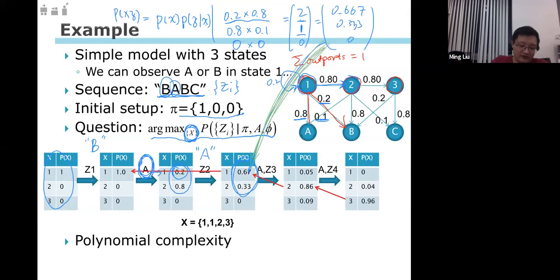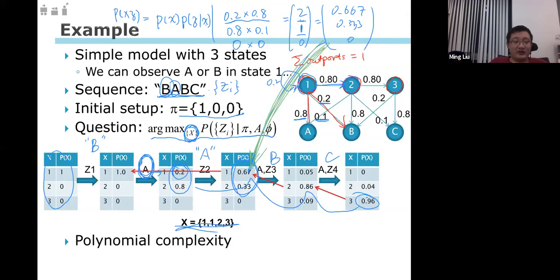Then you do the similar thing in the following computation, and now you observe B, and then you observe C. You know how to do the computation, it's simple. Finally, the state is quite likely to be state 3 because you have a 96% chance, and you can trace back. This is the most likely sequence: 1, 1, 2, 3.